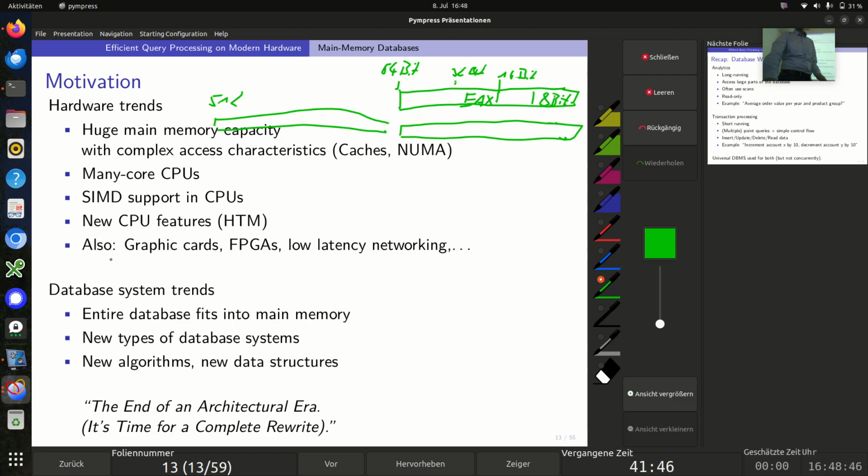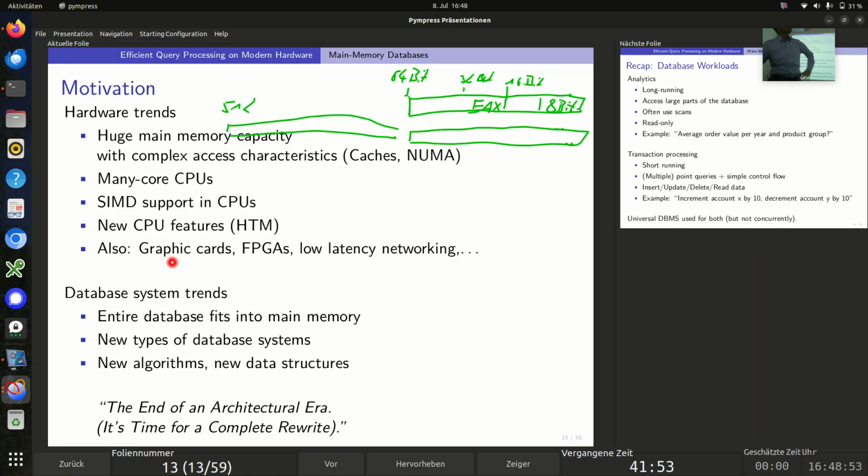Some other features we have are GPUs, and that's currently what I'm doing. If you remember, GPUs basically excel at computing the same instructions on multiple data, because you have multiple pixels and you have to do the same computation on all the pixels.